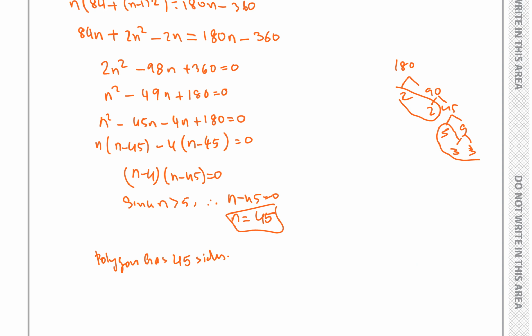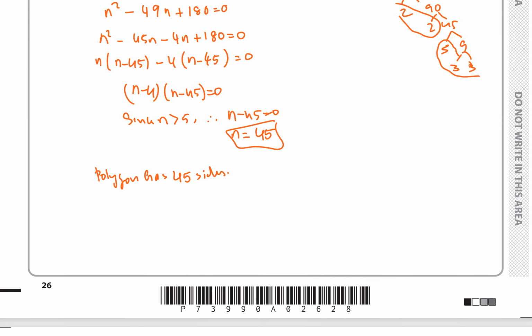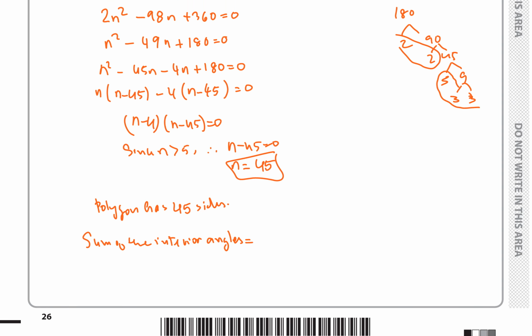So we write here the sum of the interior angles, that would be n minus 2, so 45 minus 2 times 180, that is 43 times 180, so we get 7740.